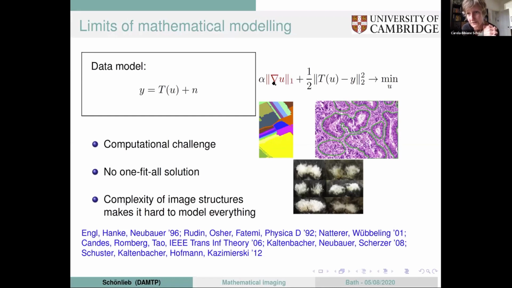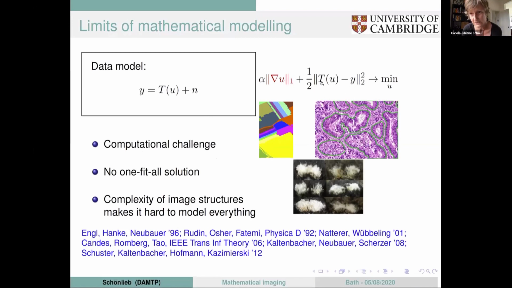although it sounds totally simple. Anyway, so what are the disadvantages of these types of approaches? Well, first of all, it's a computational challenge. I've talked about nonlinear PDEs. Now here you see these optimization problems. Again, I've told you that Y is usually very high dimensional, large scale.